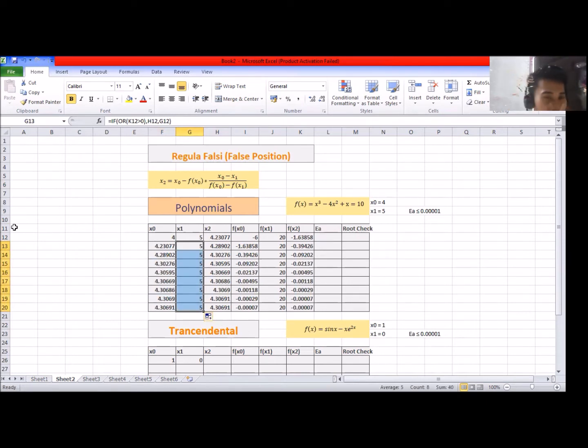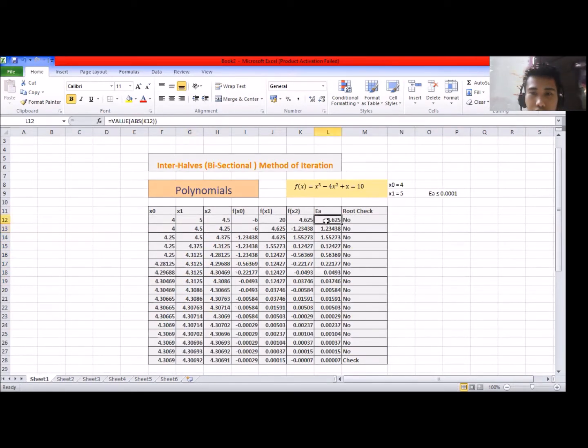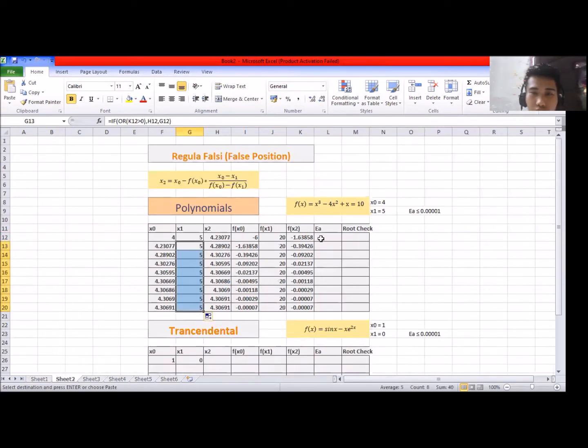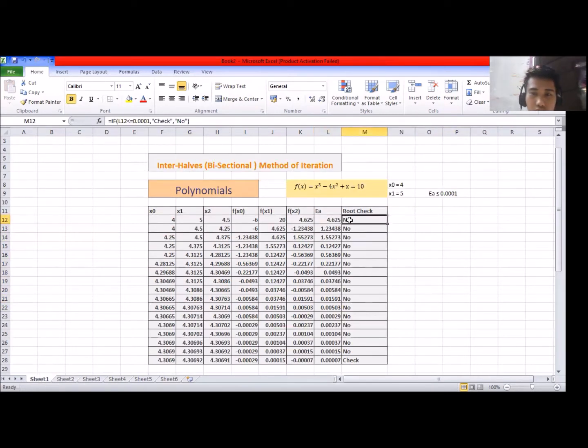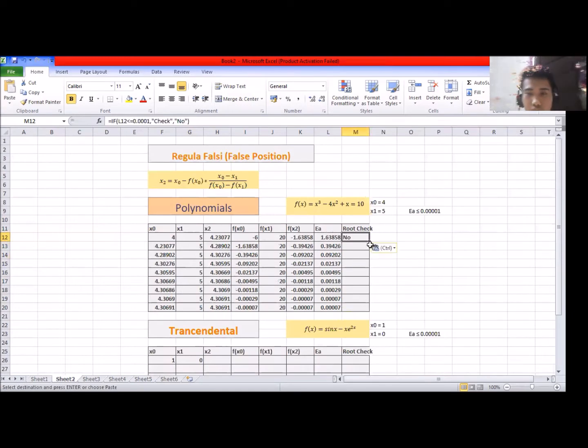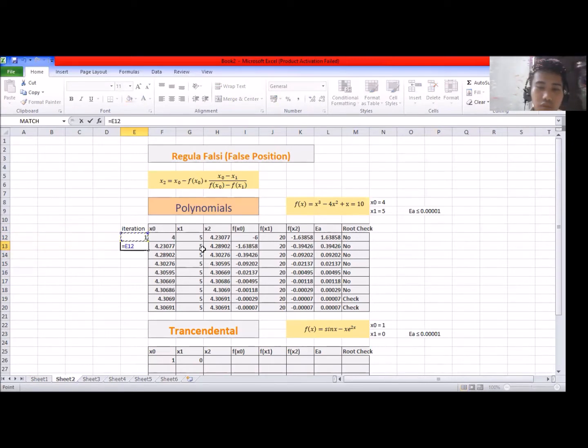So like earlier, in the eighth iteration again, we get the initial value.